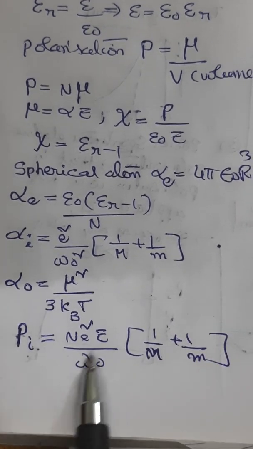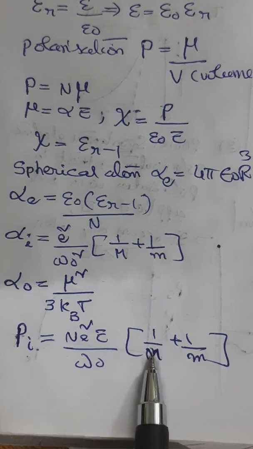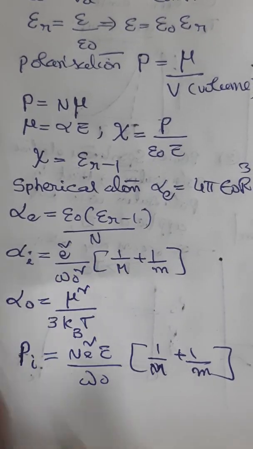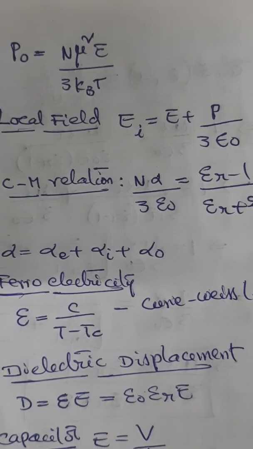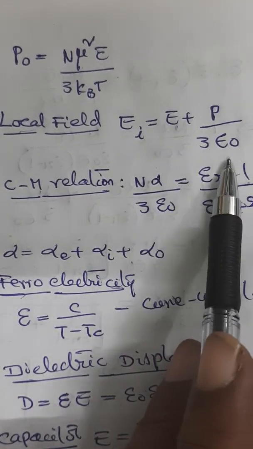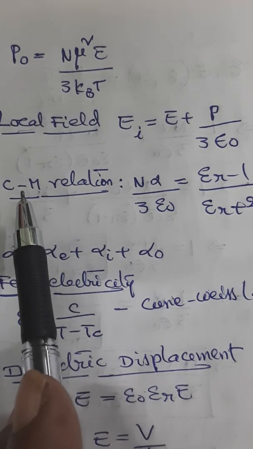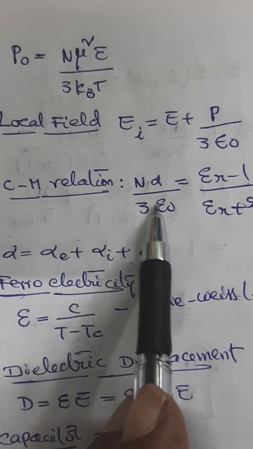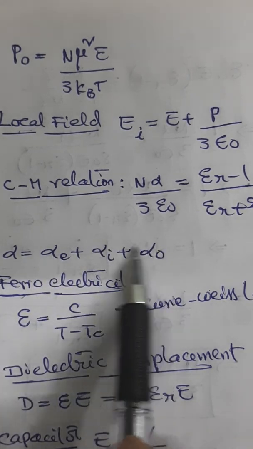Polarizability, you can have an equation in the case of positive ion mass and negative ion mass, followed by the local field value. Based on that, the Clausius-Mossotti relation or equation, and total polarizability.